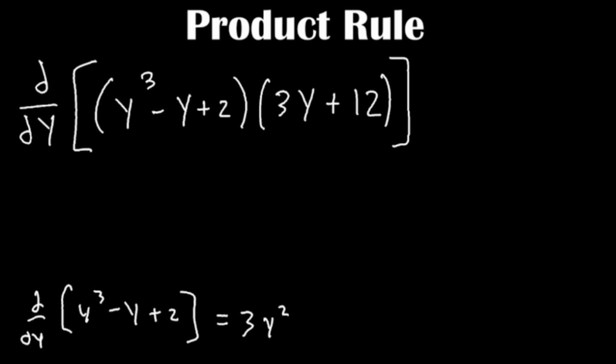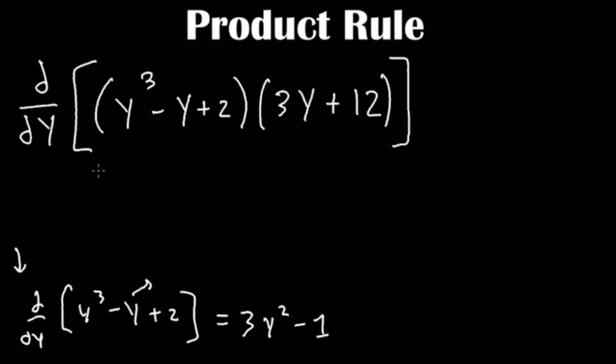And then for minus y, we know that the derivative of y is just 1, because this is the same thing as 1 times y to the 0, that's just 1. So when we differentiate minus y, we're just going to get minus 1. And then this plus 2 is just going to go to 0 when we differentiate it.